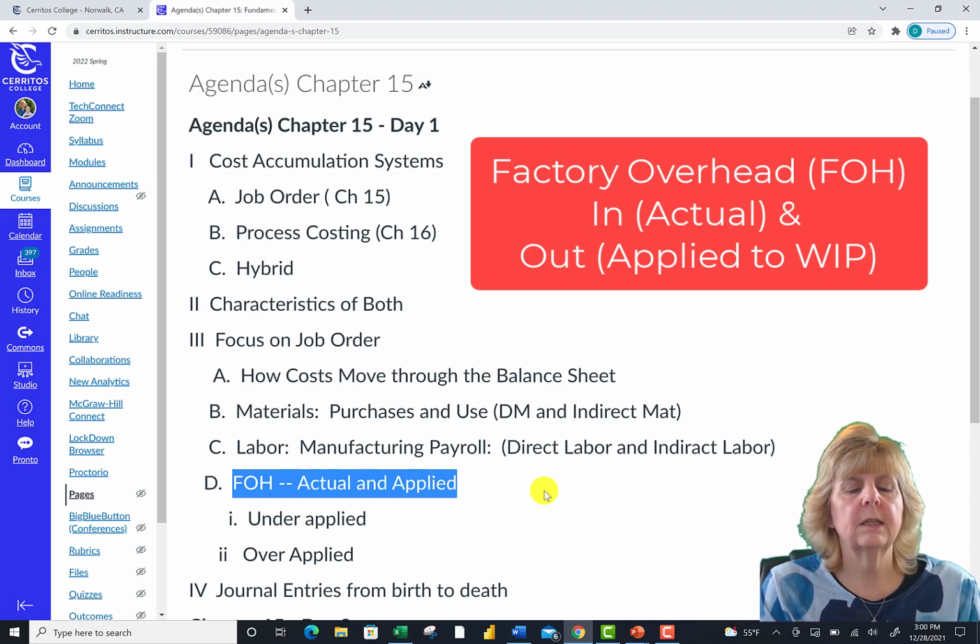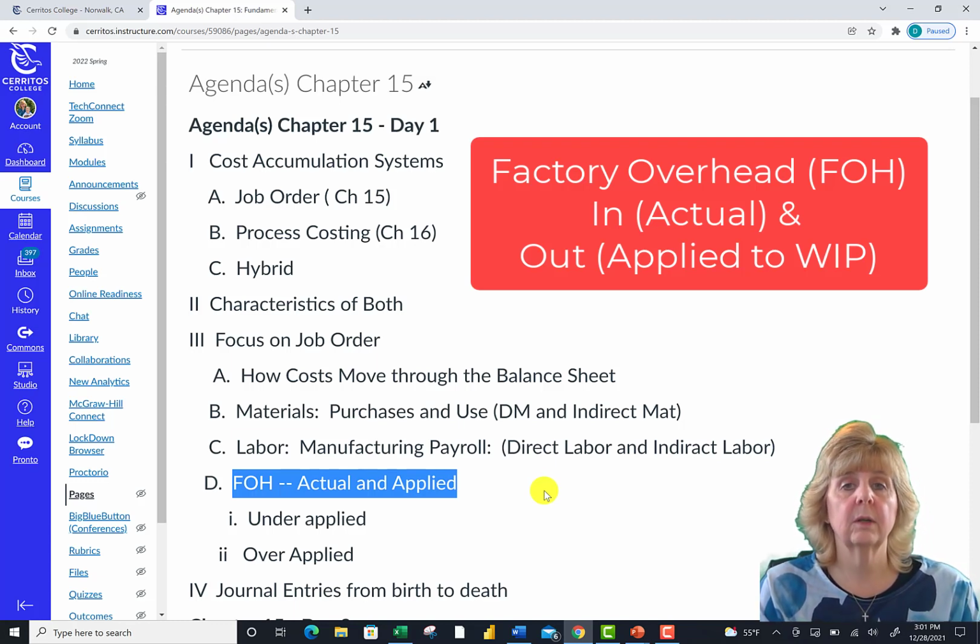And we'll take a deeper look into how overhead is applied out to WIP. In the previous chapter, we just added all of the actual overhead and charged out the whole thing. But in actuality, overhead needs to be applied as the jobs move through the accounting system. So we'll talk about the process for doing that.